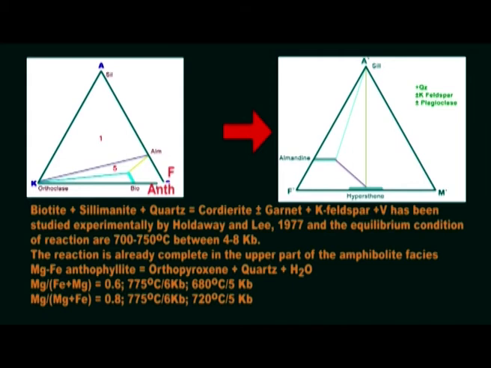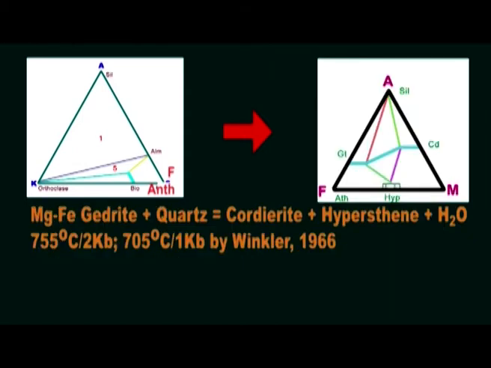The above two reactions of Mg Fe anthophyllite were investigated by Dewar and Henrichsen in 1975. They also studied the above reaction in the natural anorthite and synthetic one and found the breakdown temperature as 835 degrees centigrade, 6 kilobar and 750 degrees centigrade, 5 kilobar. MgFe gedrite plus quartz give rise to cordierite plus hypersthene plus water, 755 degrees centigrade, 2 kilobar, 705 degrees centigrade, 1 kilobar.